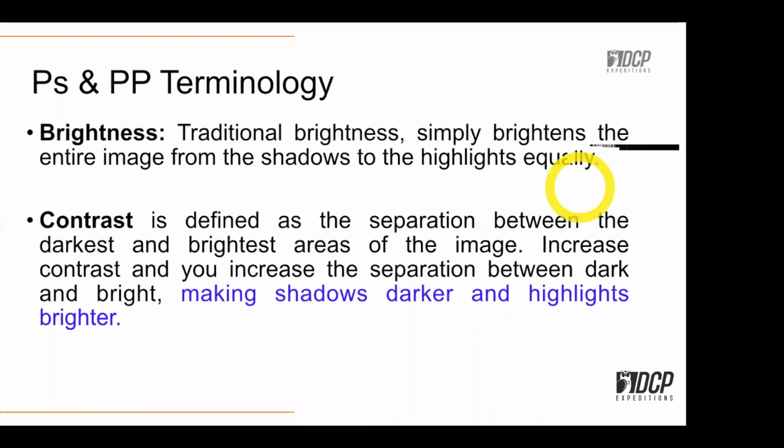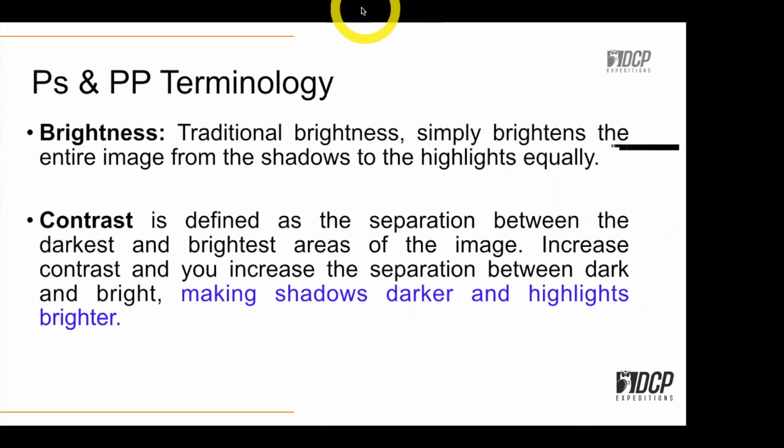Before starting the processing, let us understand the definitions, because as a photographer, as a processor, we always get confused between terminologies. What is the difference between vibrance and saturation? What is the difference between brightness and exposure? So let us understand this.